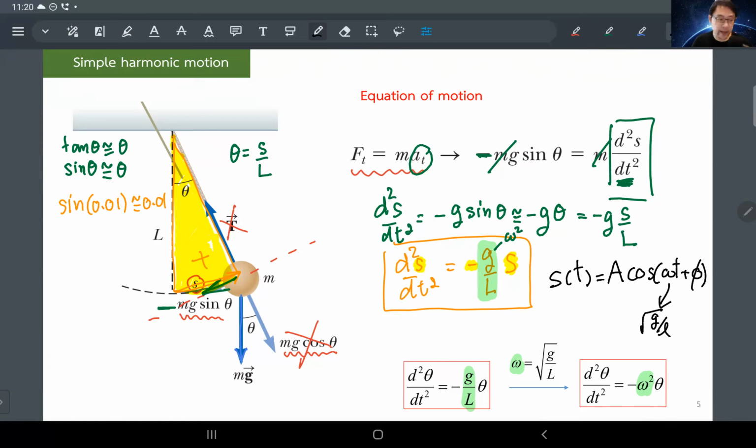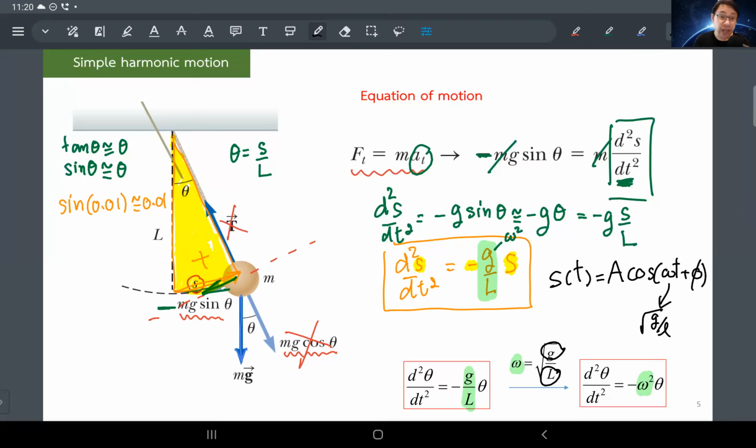So what I'm saying over here is whenever you have a mass on a spring or a pendulum, in this case we're looking at the pendulum, as long as you have the same value of G and the length of the string is fixed, this pendulum is going to oscillate back and forth with the same frequency.